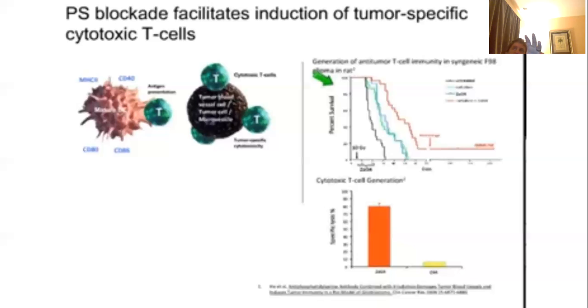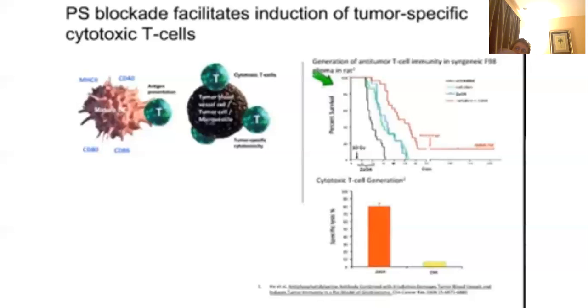So if you take the blood from those rats that were given PS antibodies, and because they polarize the immune system to M1 and Th1, you take their white blood cells and mix them with the tumor cells, you will see the tumor cells killed and destroyed by those cytotoxic T cells.